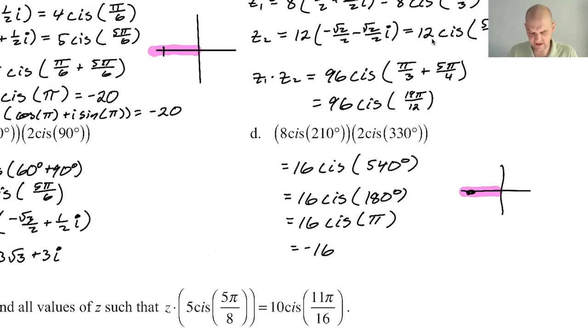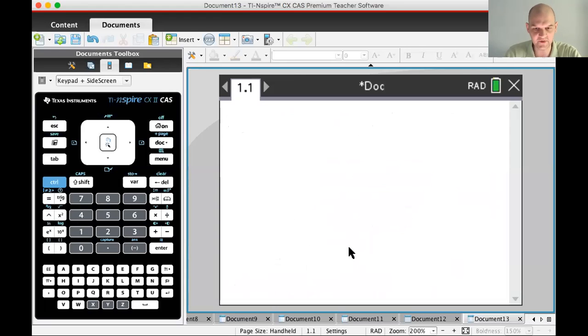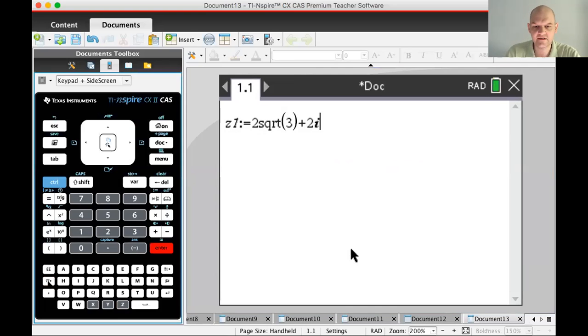So let's see, I'm going to switch over to the calculator and just see what can we do? What are our options, right? On the calculator, one of the things you can do is it doesn't mind how ugly your complex numbers are, right? So we could say Z1 is going to be 2 square root of 3 plus 2 times i, which remembers in the pi key like this.